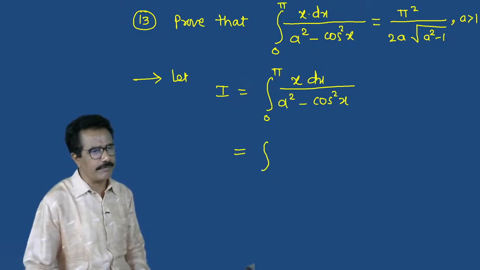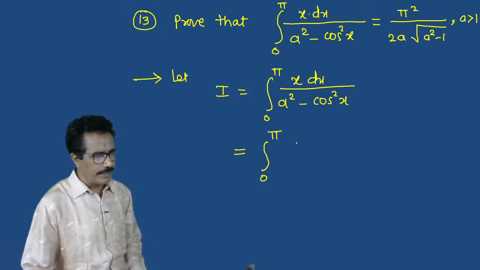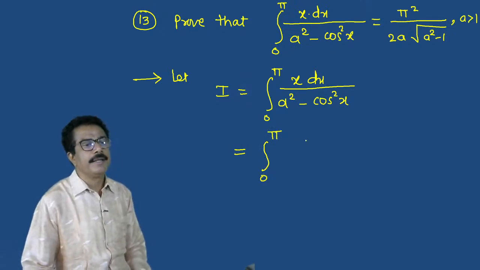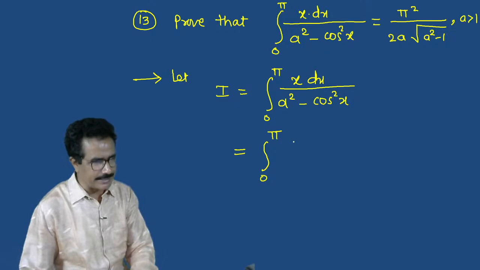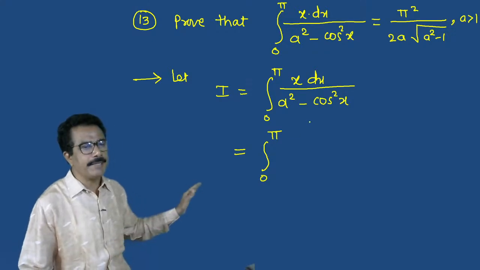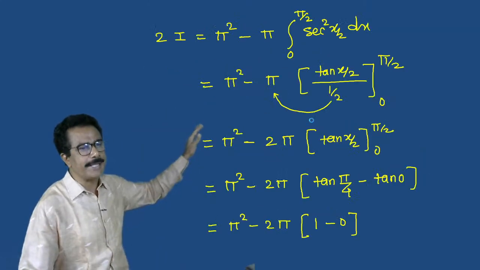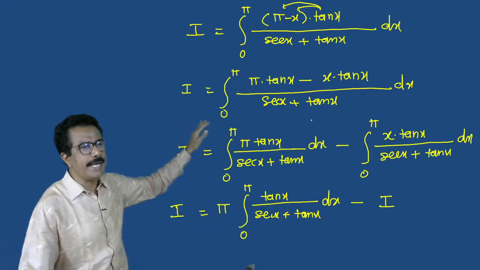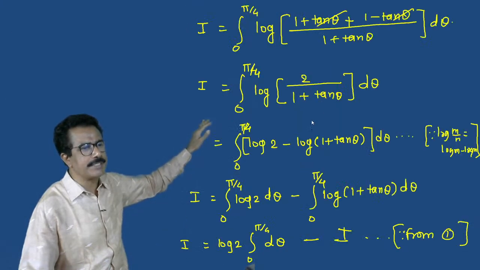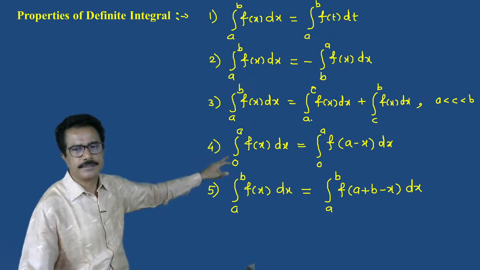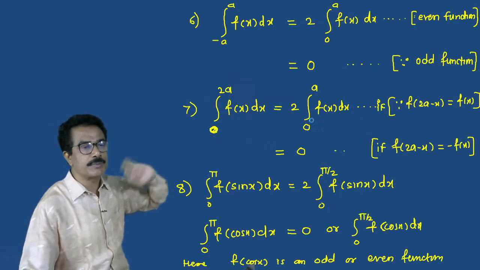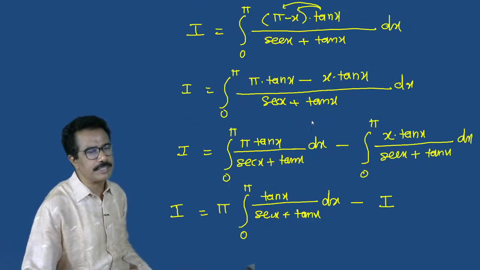We can write this by using property number 4, that is 0 to a. First we have to use this property, then we shall use the 6th property.